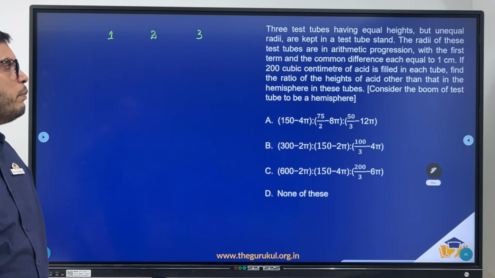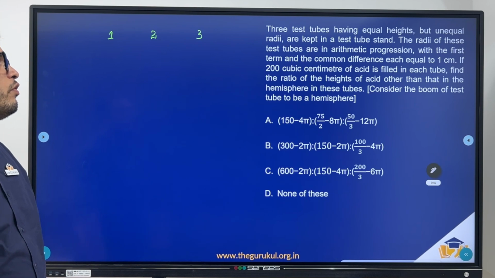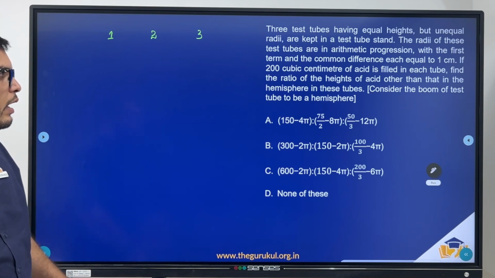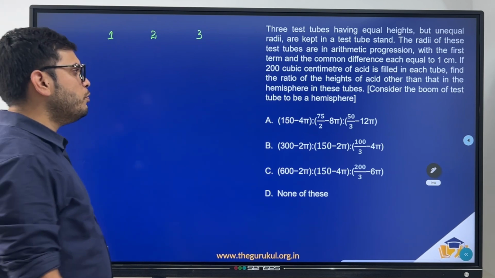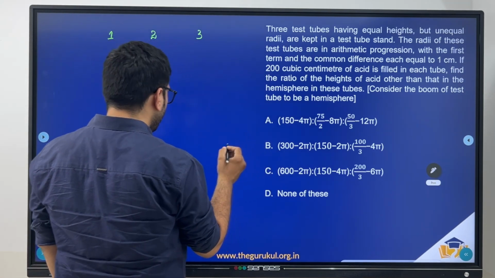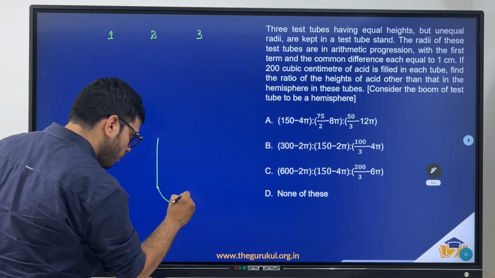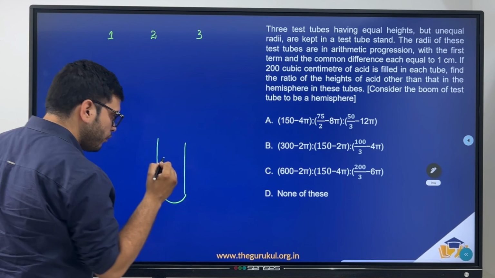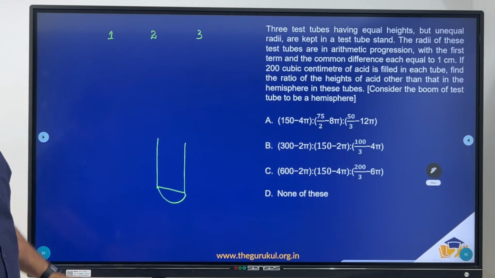If 200 cubic centimeters of acid is filled in each tube, find the ratio of the heights of the acid other than that in the hemisphere in these tubes. Consider the bottom of the test tube to be a hemisphere. So the bottom of the test tube will be of this kind, right? Now we have a hemisphere here and a cylinder here.